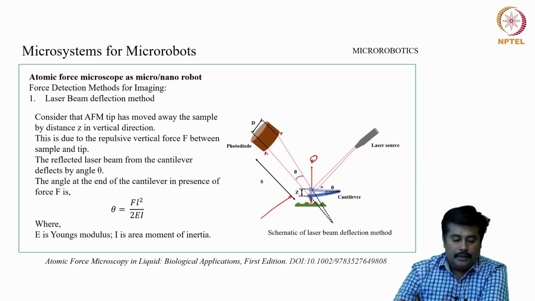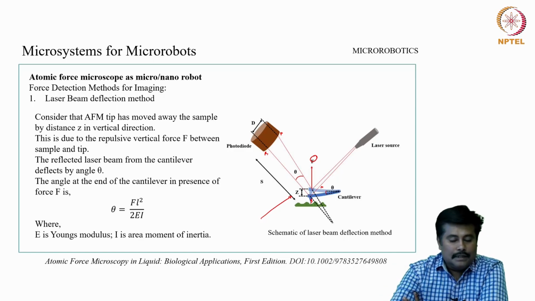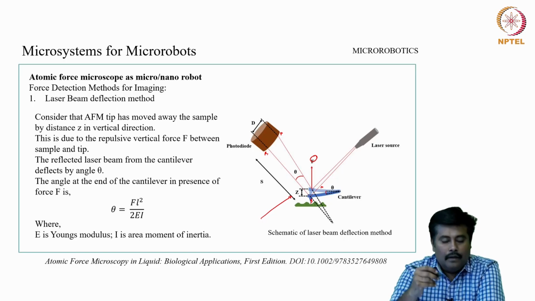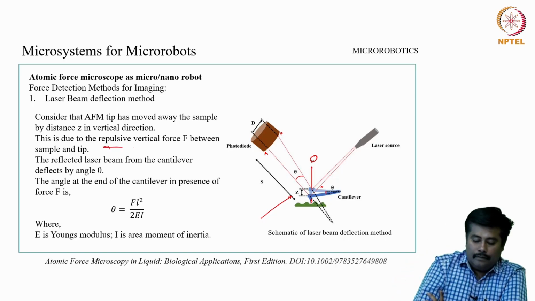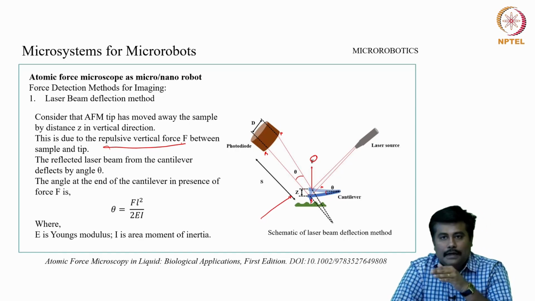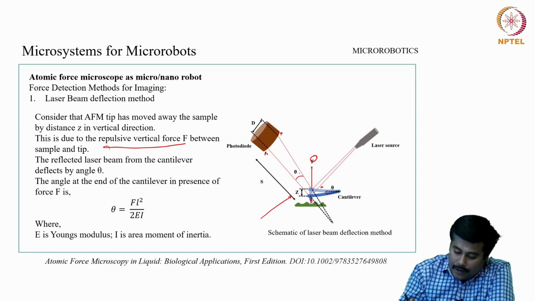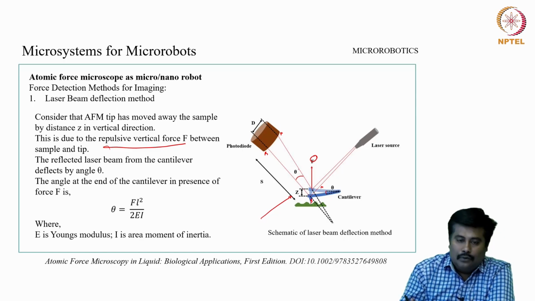So, consider the AFM tip has moved away from the sample by a distance Z in the vertical direction. This is due to the repulsive vertical force F between the sample and the tip. The reflected laser beam from the cantilever is deflected by an angle theta, which is represented over here.